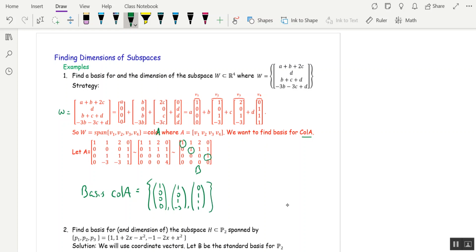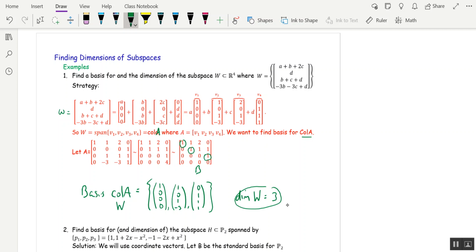The dimension of W is 3, because there are 3 vectors in there. Remember, Col A is W, same thing. So a basis for W is this.